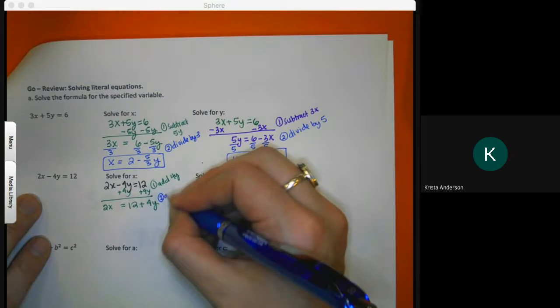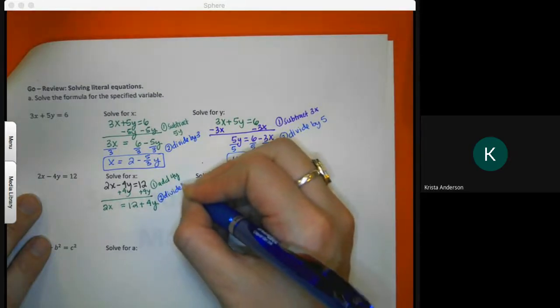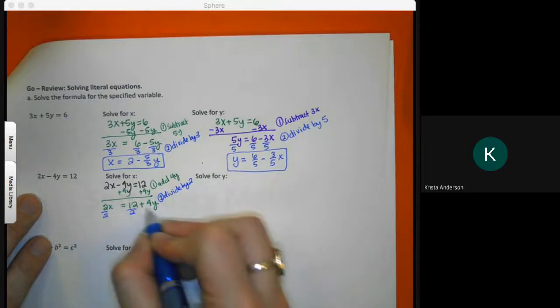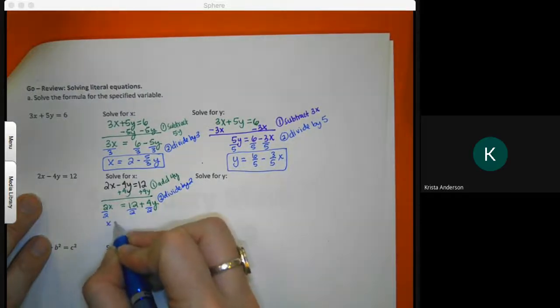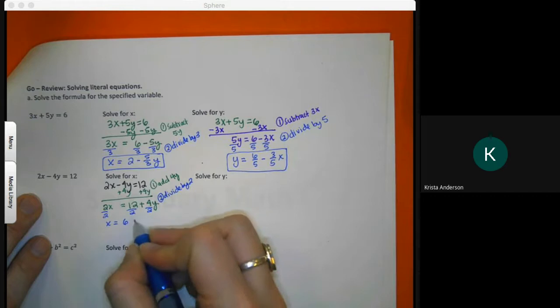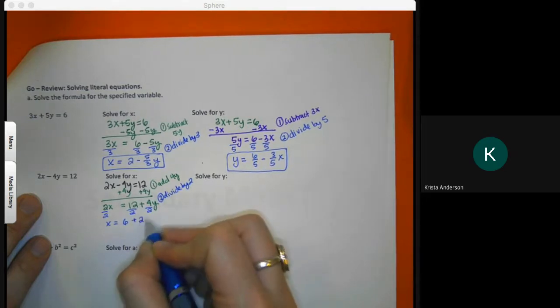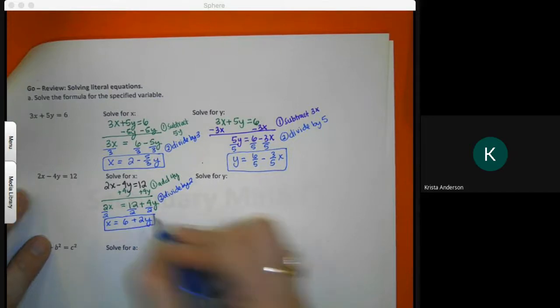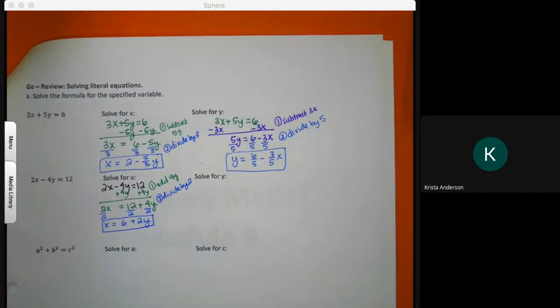And then I'll divide by 2, which gives me x is 6 plus 2 with the y on it.